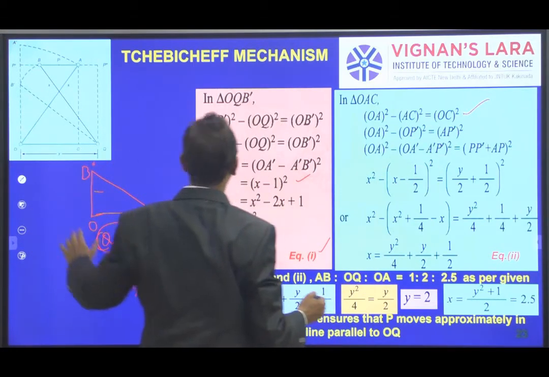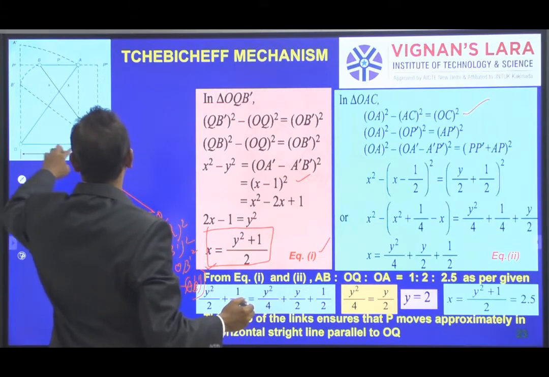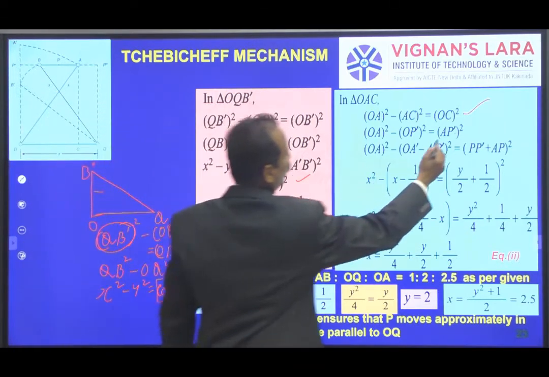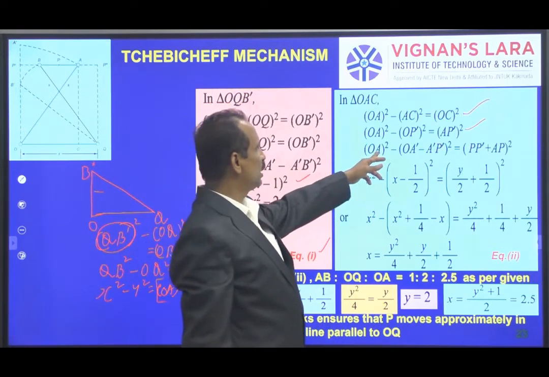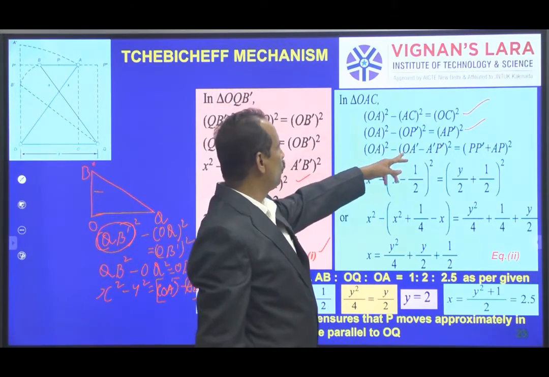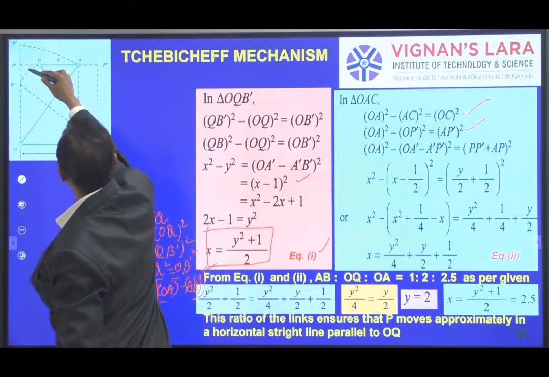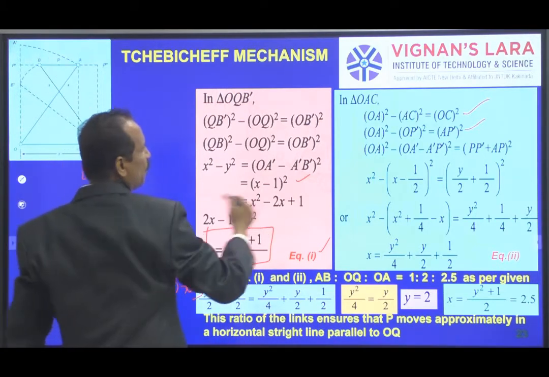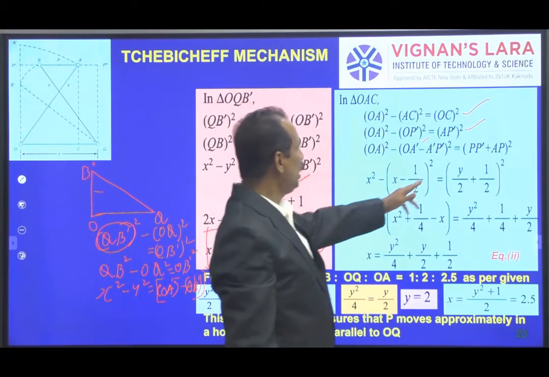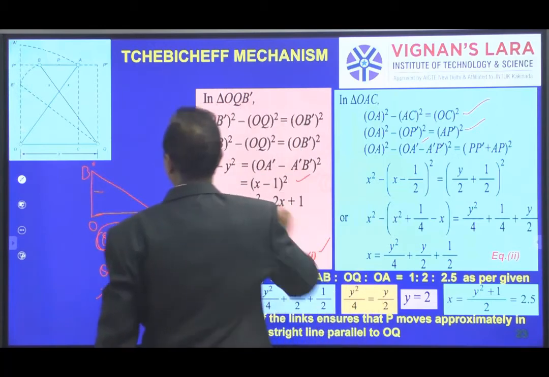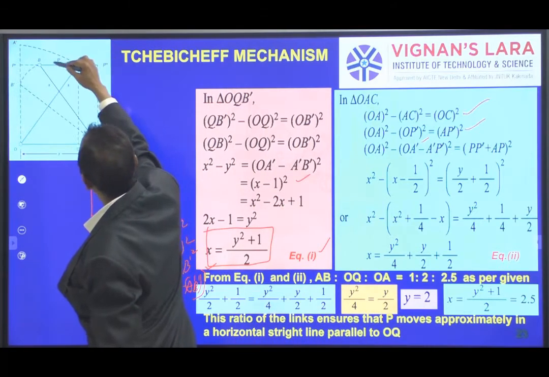Square is equal to OC. OC, what is OC? OC is equal to AP dash square. Then OA dash square minus OP dash can be written as OA dash minus A dash P dash, which is equal to AP dash. Where is AP dash? This is the AP dash.